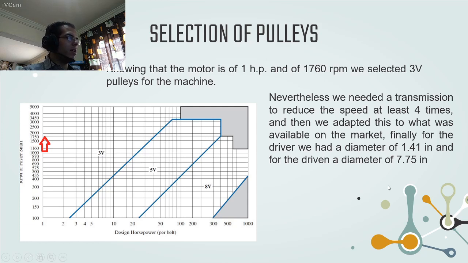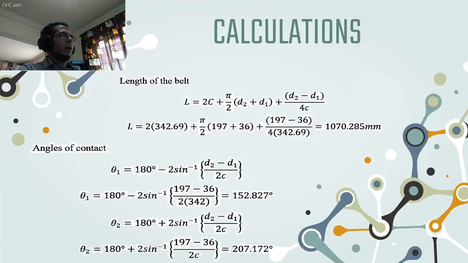So we have a 7.75 inches diameter for the driven pulley, and some calculations like the length of the belt of 1070 millimeters and the angles of contact in the pulleys. They are not the best, but they are acceptable and they can move all the mechanism with no problem.